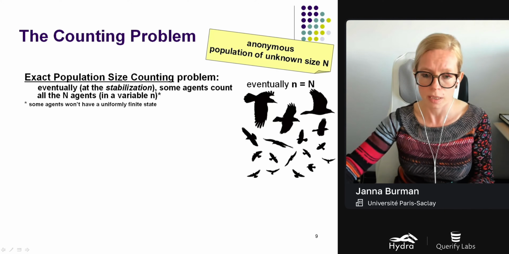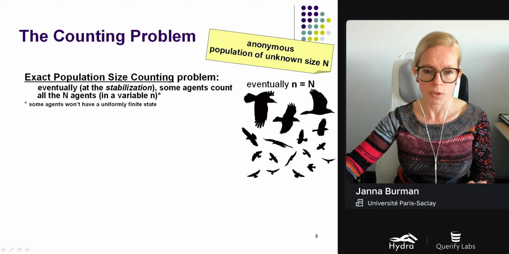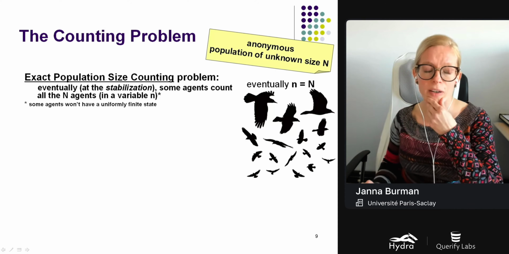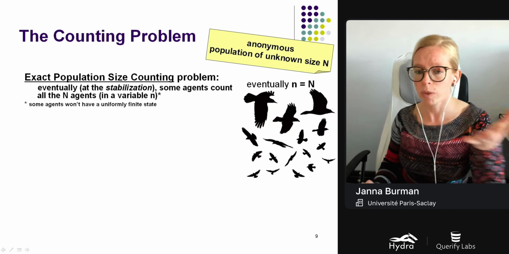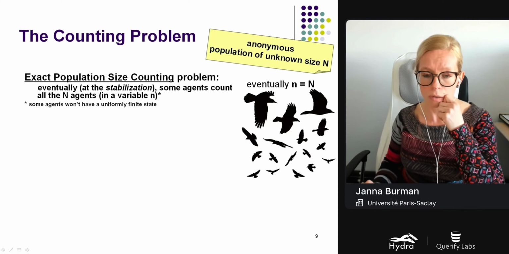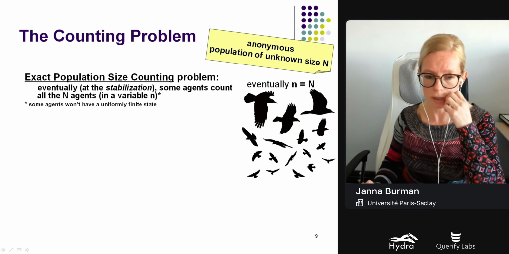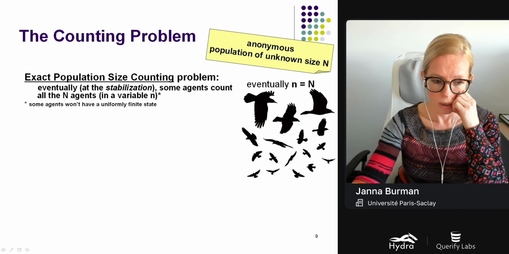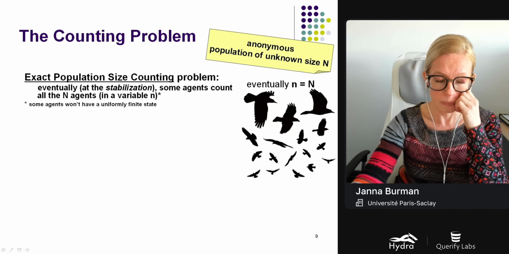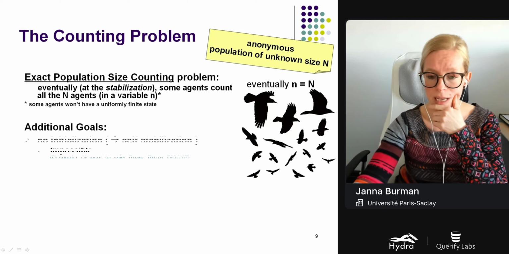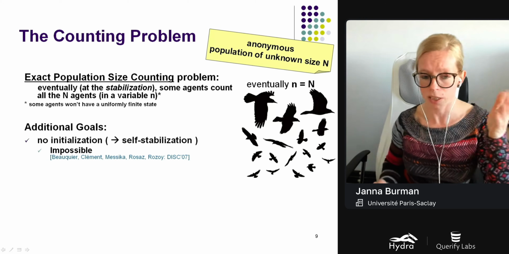You see it here. I don't know if you see my pointer. Eventually we want some agents to compute the value of big N, the actual size of the population. Our goal will also be to get a self-stabilizing algorithm without any initialization.